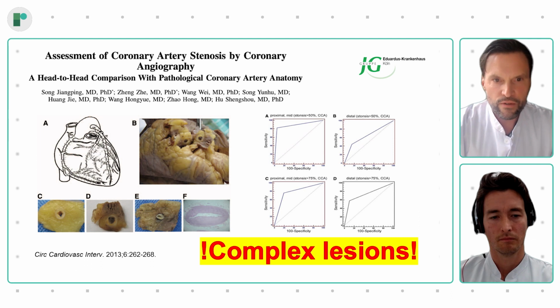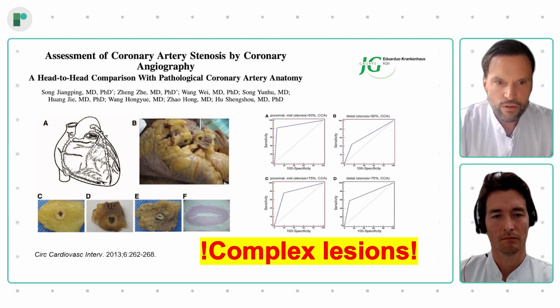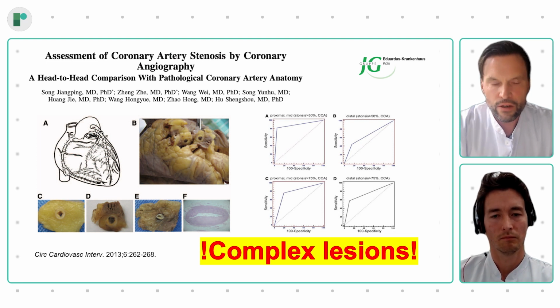Just to take a few steps back, why are we sometimes fooled by an ordinary, I would say, coronary angiogram? Those are very old data heading back to 2013, where they compared anatomical specimens with interventional outcomes. And what we see in those patients is that angiography alone has a good specificity and sensitivity to predict significant coronary artery disease in patients with relevant stenosis of the proximal large arteries.